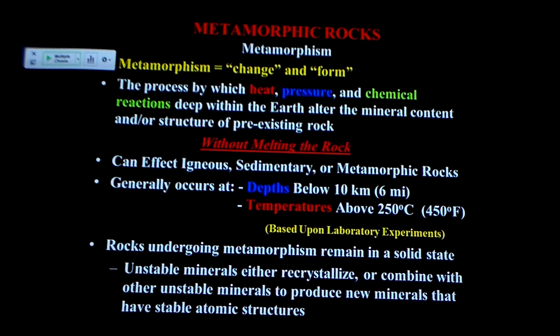So that means we're going to have to keep temperatures somewhere below about 450 degrees Fahrenheit. After that, remember, at the bottom of Bowen's reaction series there was about 700 degrees C, and we're going to start to melt things pretty fast. So we don't want to get too carried away with this.